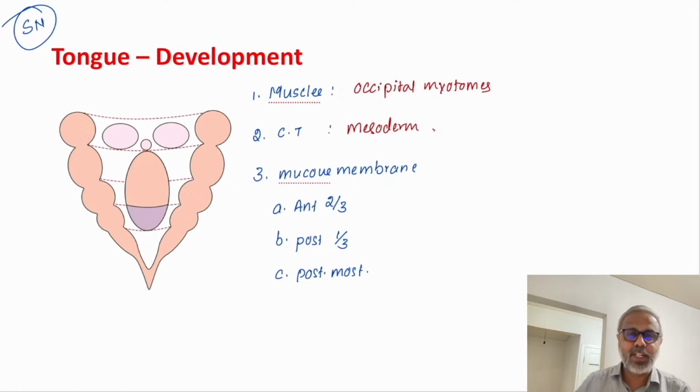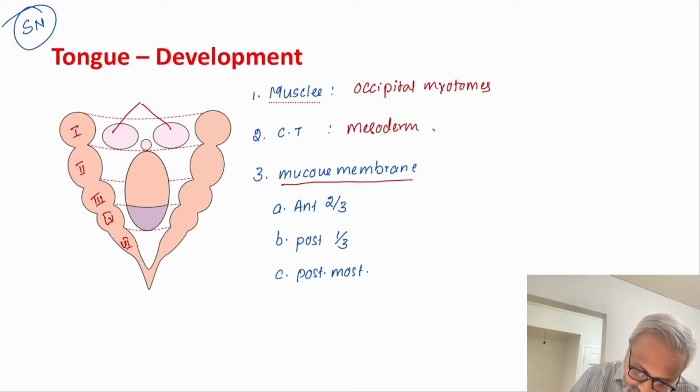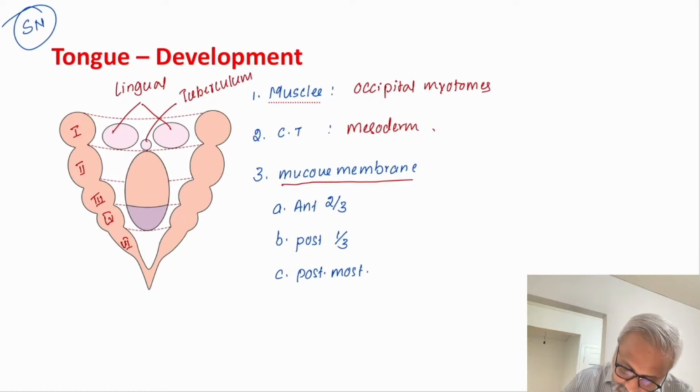This is the diagram we need to write. So here we have the first pharyngeal arch, the second, the third, the fourth, and let's say the sixth here. We are describing the development of the mucous membrane, and the first pharyngeal arch gives rise to two swellings called lingual swellings, and then a median swelling called tuberculum impar.